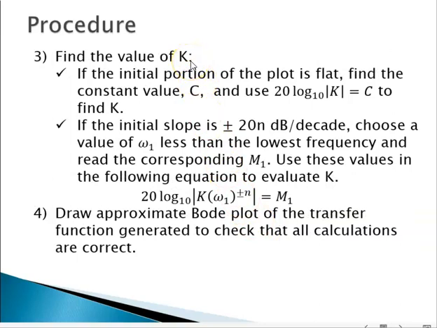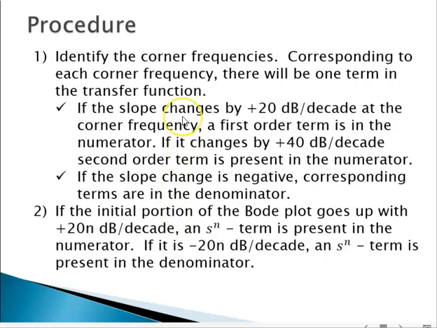Then find the value of K. With this step 3, your transfer function calculation is done. 4. Once the transfer function is available, draw the approximate Bode plot and then plot it on your data to show whether everything is correct or not. You may also want to have the exact plot drawn to indicate the accuracy of the transfer function fit. So we'll just go over these points one after the other.